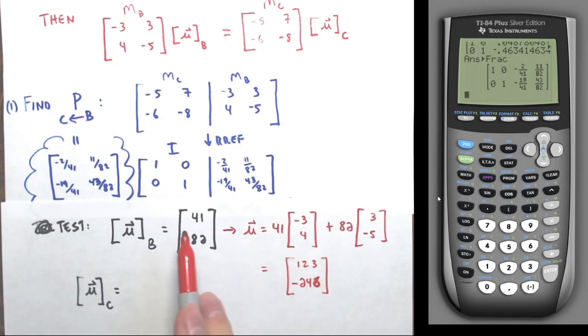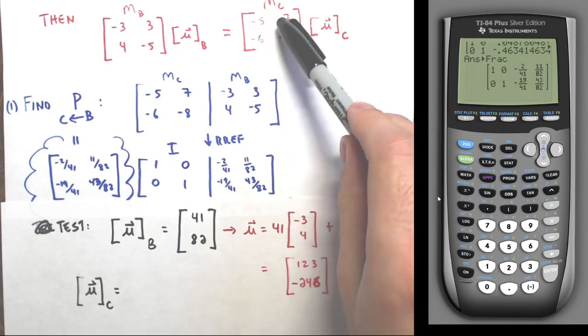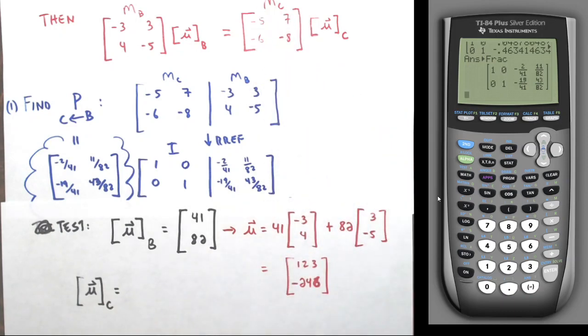These are the coordinates of vector u with respect to basis B, with the vectors -3, 4 and 3, -5 in it. Now for this vector u, what are the coordinates with respect to basis C, with the vectors -5, -6 and 7, -8 in it?